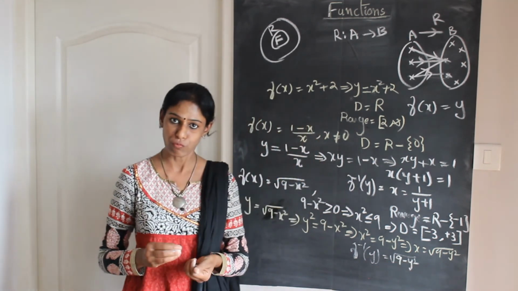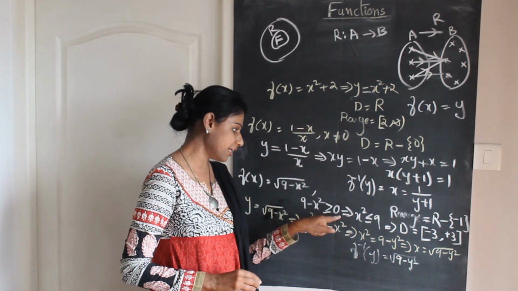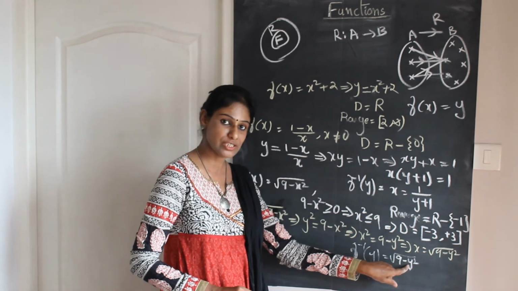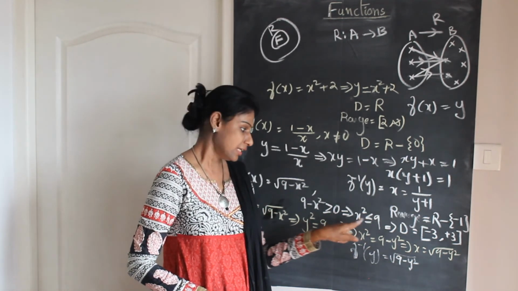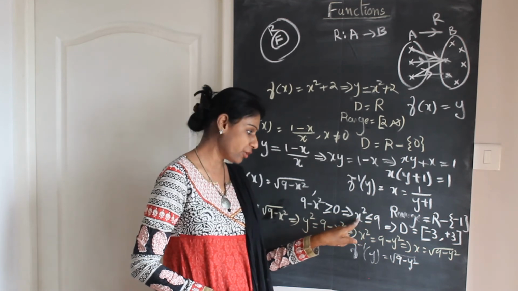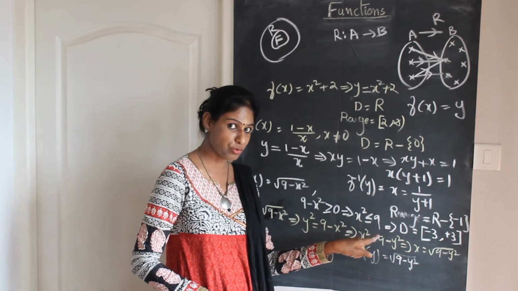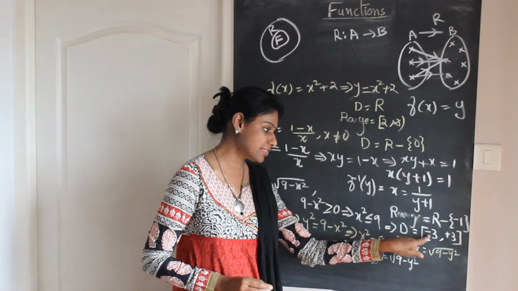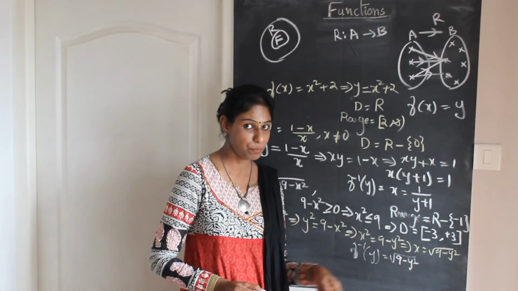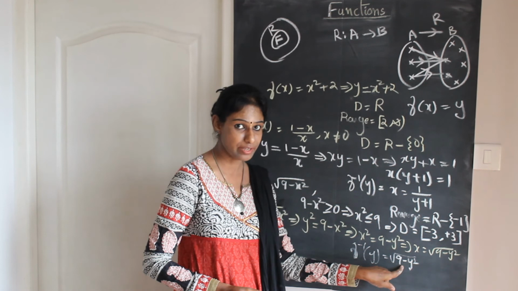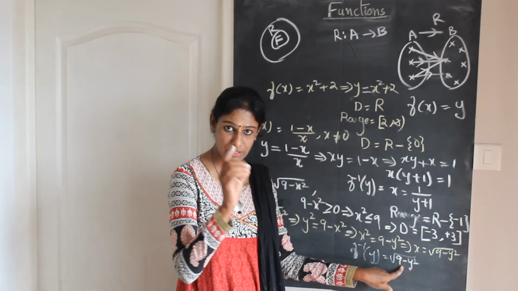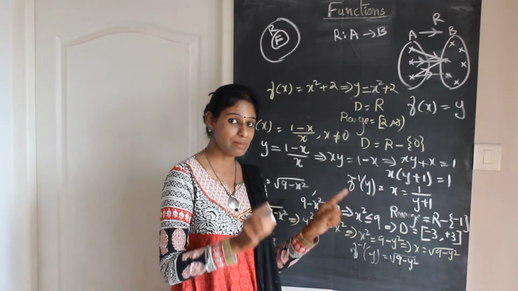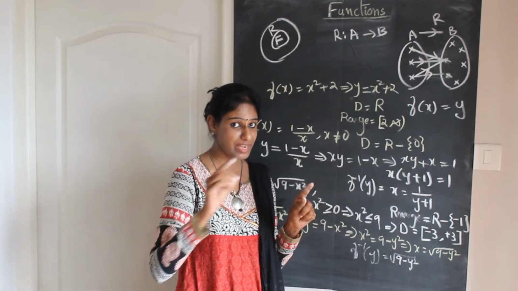What are the values of y? So again the same condition will follow. 9 minus y square must be greater than or equal to 0. 9 is greater than or equal to y square, or y square is less than or equal to 9. So again we will get the same variation, that is minus 3 to plus 3, for the values of y. But do not take the values from minus 3 to plus 3, because if you take like that, the problem comes: there will not be a unique image for anything.